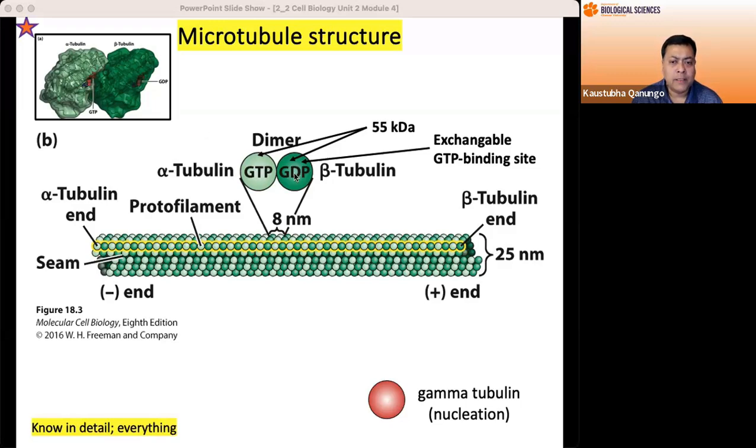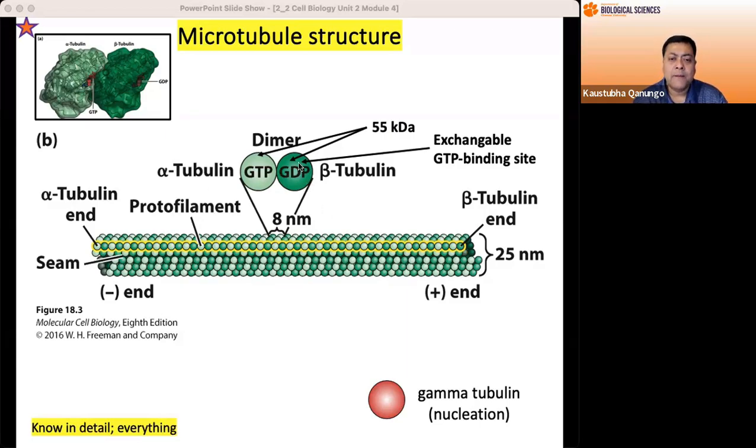So again, alpha beta tubulin dimer, beta tubulin has an exchangeable GTP site, which hydrolyzes to GDP. When the beta tubulin is GTP bound, it has a high affinity for binding. As it treadmills, that GTP of the beta tubulin is hydrolyzed to GDP, and at that time it will tend to fall off.